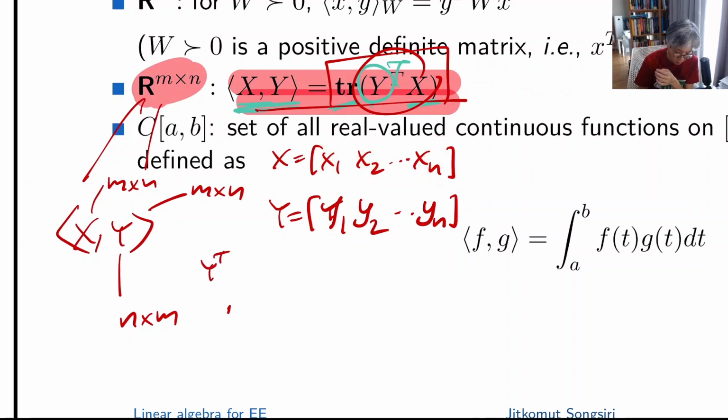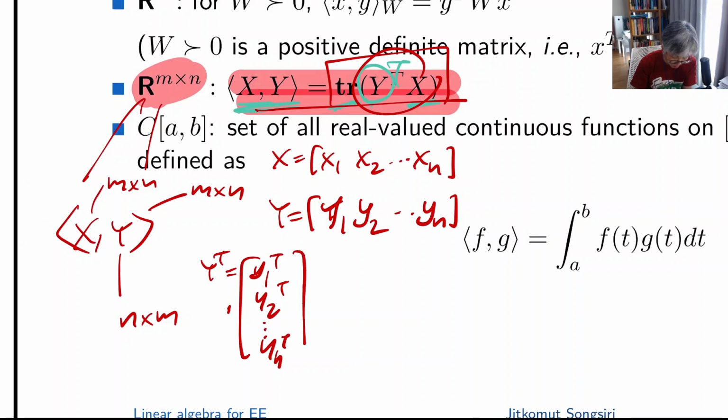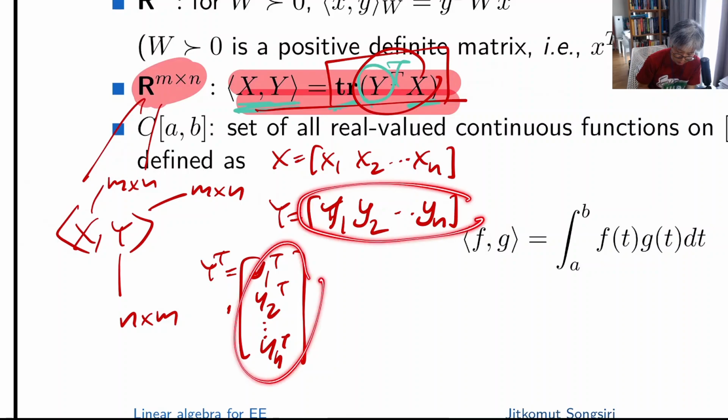So y transpose is going to be y1 transpose, y2 transpose, dot, dot, dot, yn transpose. Remember here again, I use the concept of block matrices. When I transpose a block matrix, I just do it in the usual way, but do not forget to transpose everything inside. You transpose a row, you get a column, but don't forget to transpose everything inside.